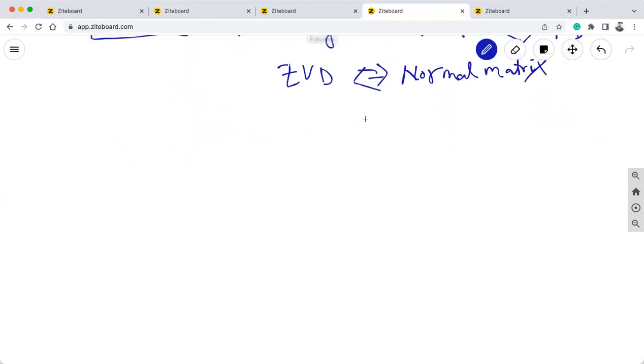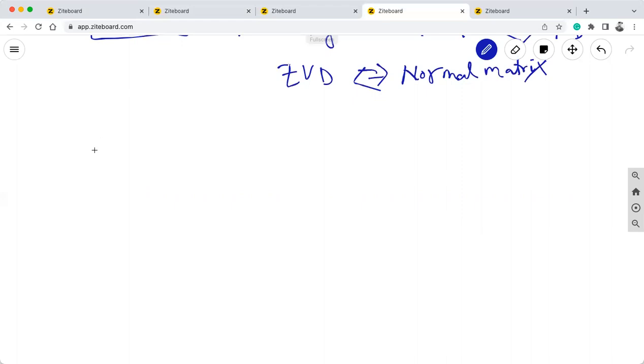Then there are some minor properties, like leading principal minors of A should be positive, all the principal minors of A should be positive, and some other properties, which we can see at some other point of time. So this is for now as a case of special matrices.